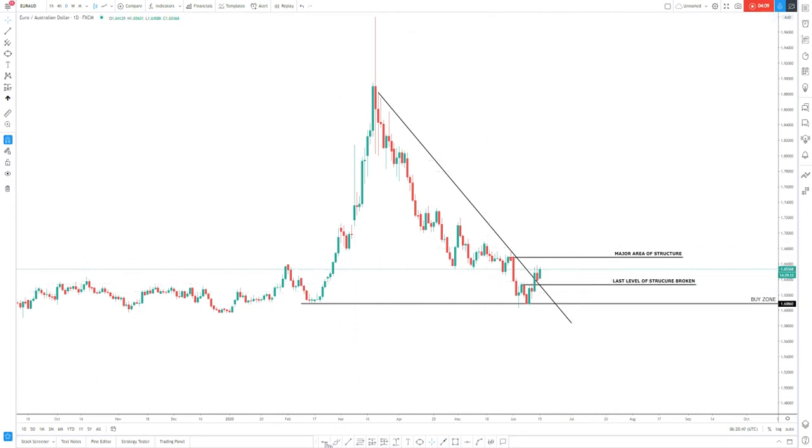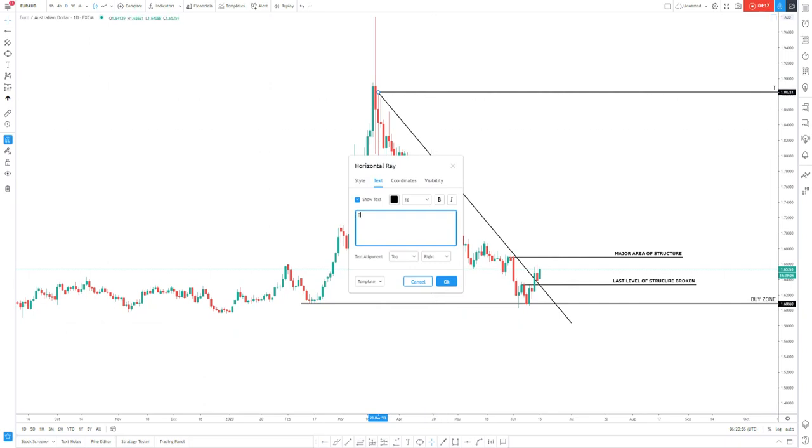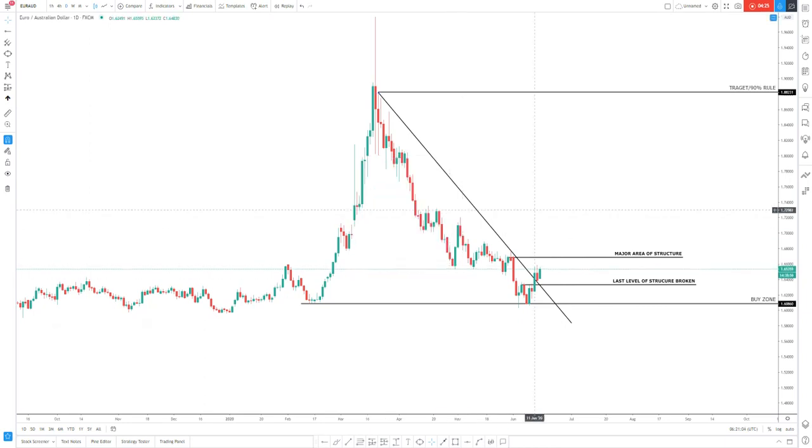Looking at the chart, my target will be around this area using the 90% rule of chart patterns. What the 90% rule is, is that when a pattern forms or a trend breaks, there's a huge tendency that price will come back to the beginning of that trend formation. That's just the concept behind the 90% rule.